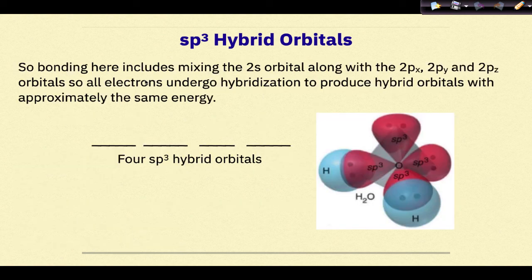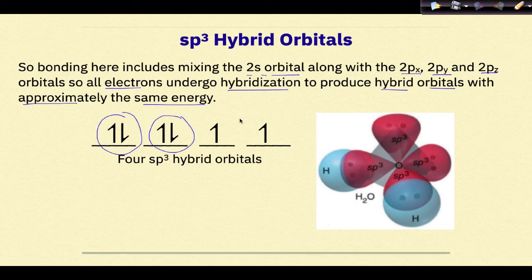So bonding here includes mixing the 2s orbital along with the 2px, 2py, and 2pz orbitals, so all the electrons undergo hybridization to produce hybrid orbitals with, again, approximately the same energy. So our 4 sp3 hybrid orbitals will look something like this. 1, 2, 3, 4, 5, 6, where these will be my lone pairs, and these will be my electrons that are able to form single bonds with the hydrogen.